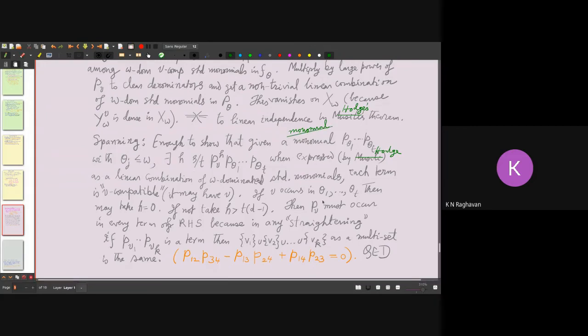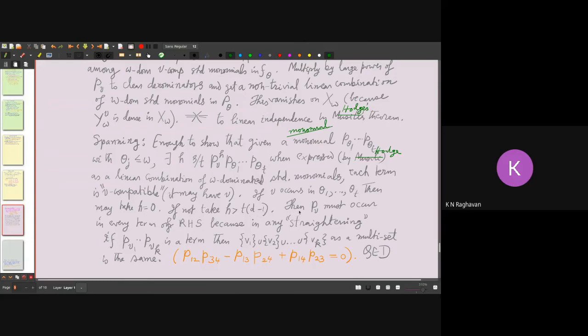So if V occurs in theta 1 through theta t, then you may take h equal to 0, because if V occurs, then already everything is comparable to V. Okay? If not, then I claim this number will suffice. H is this, t is this number of elements that you've taken, and d is this GDM, right?